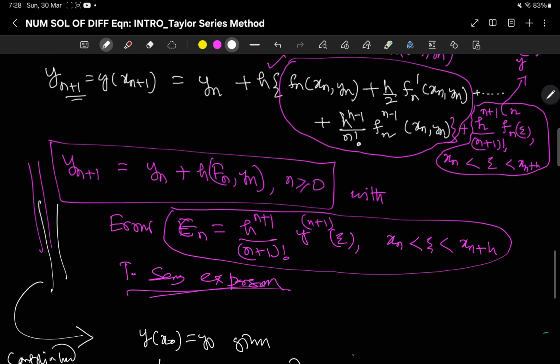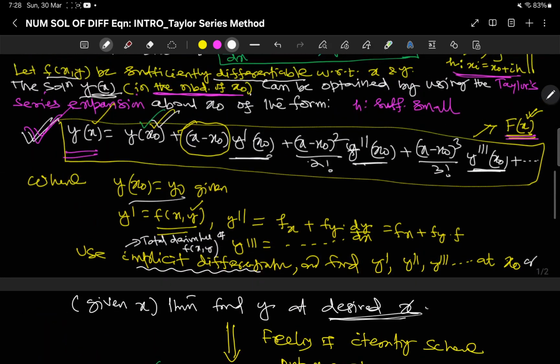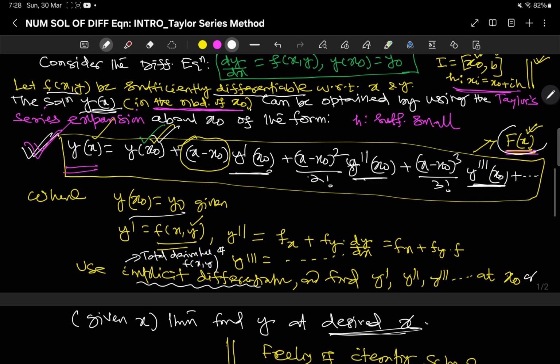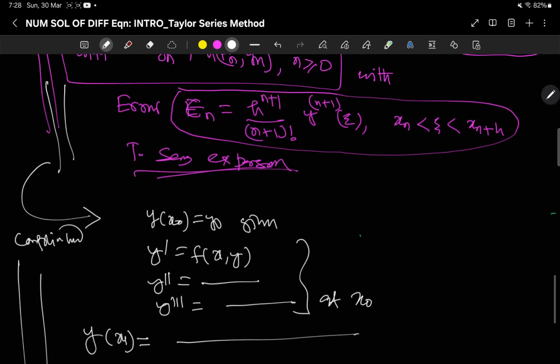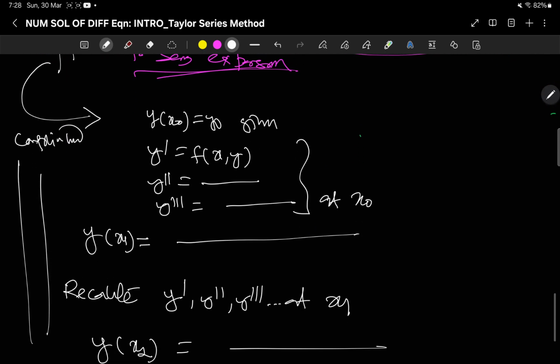Otherwise, as I have told, we just write this formula, express it as a function of x, and at different x we compute the solution. So this is the easier approach, and the other approach will be complicated. Let us solve some examples, then your idea will be clear.